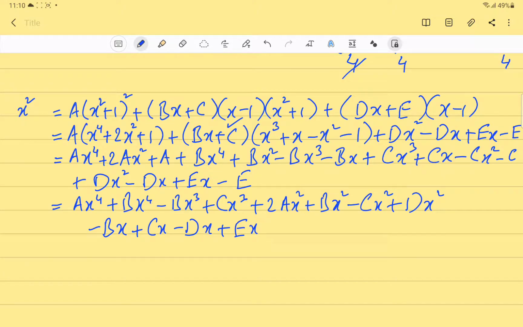And in the end we are left with those terms which are not having any x attached to them. So a minus c and minus e.